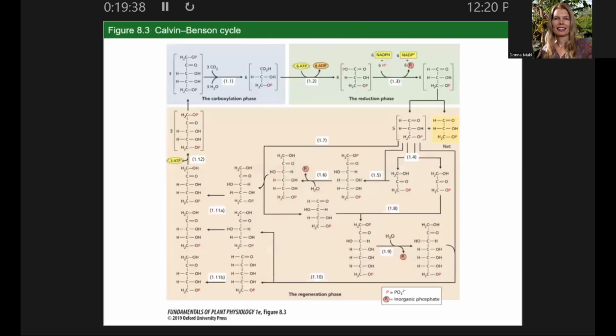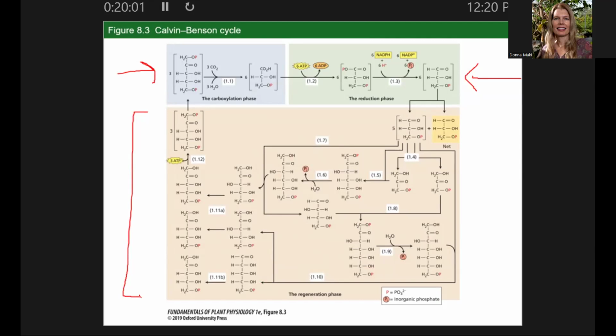So this is one way of representing the regeneration. Well, actually the whole thing's on here. The blue up top is carboxylation, and then the reduction in green, and then this big pinkish peachy color, that's all the regeneration.